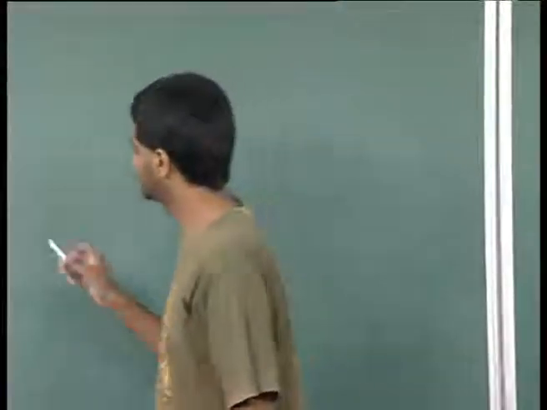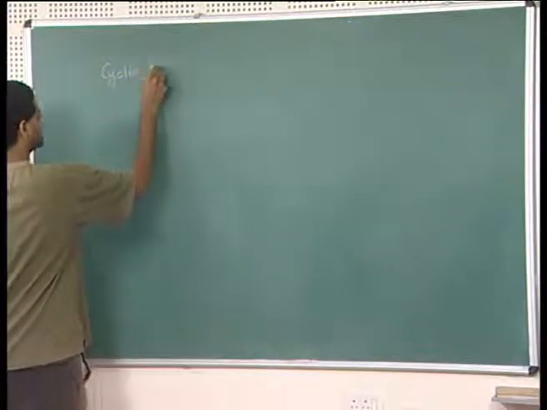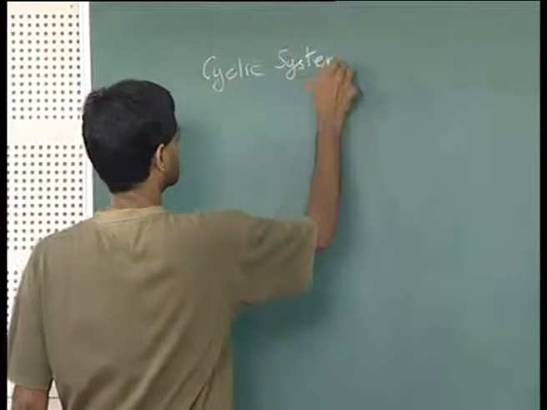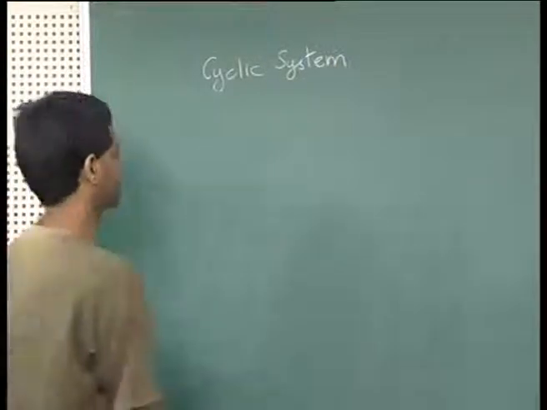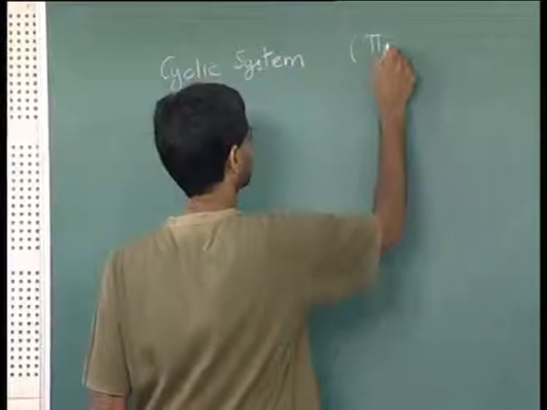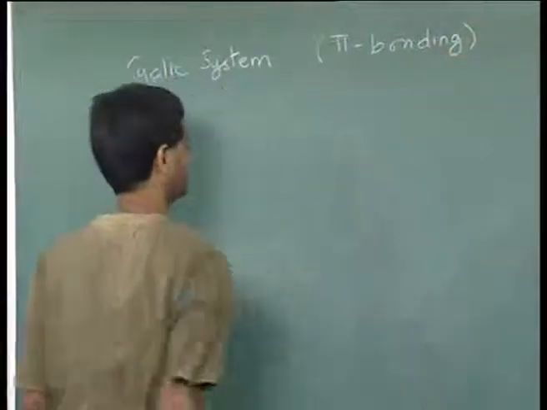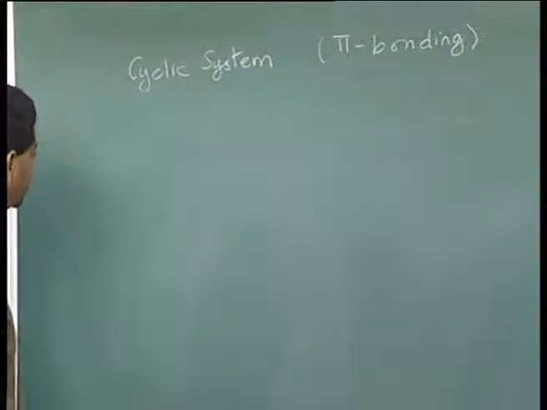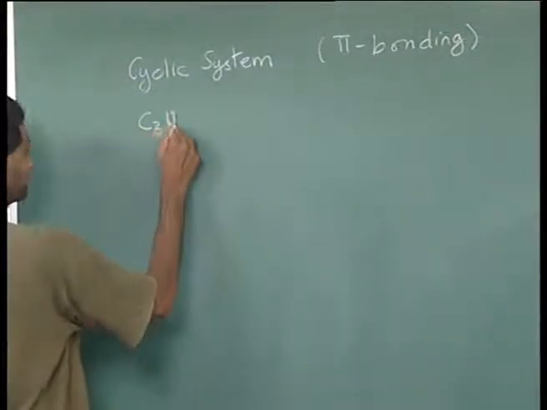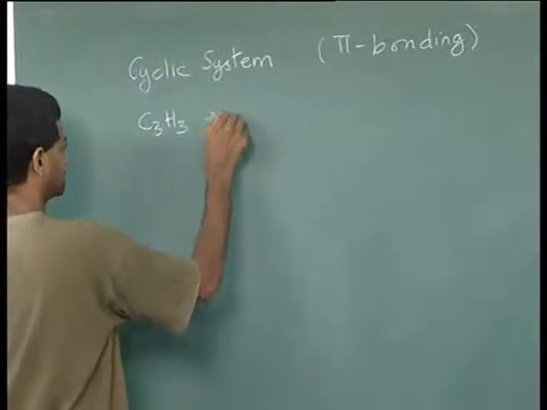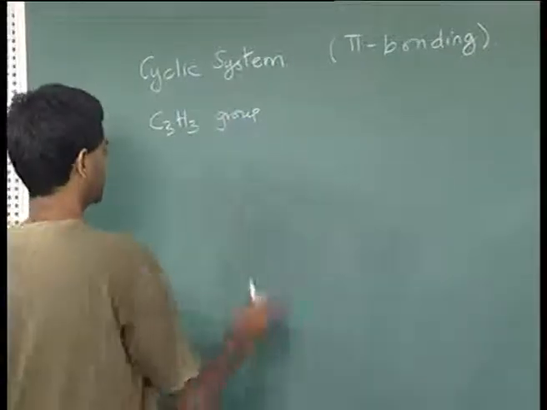So next we will consider a cyclic system and look at pi orbitals, pi bonding. What we want to do is to consider a system like, let us say, the C3H3 group.